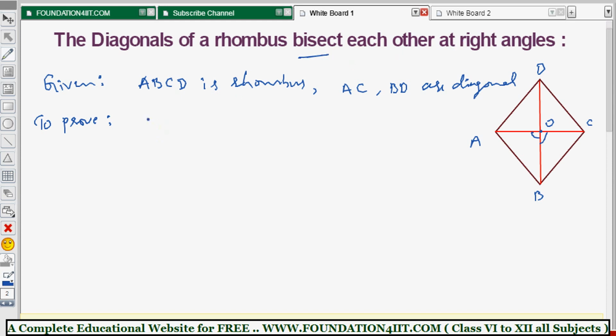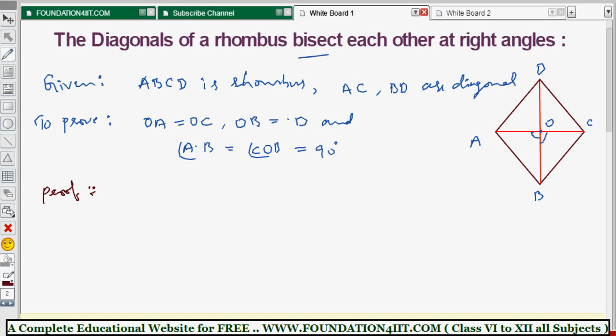So I have to prove that OA equals OC and OB equals OD, and again that angle AOB equals angle COB, which equals 90 degrees. Both angles are equal to 90. Then let's start the proof.